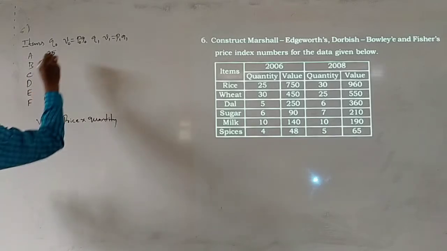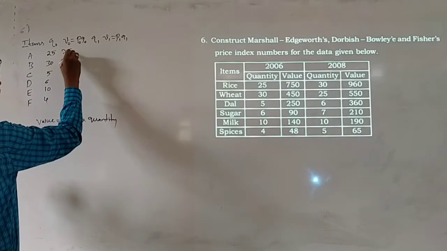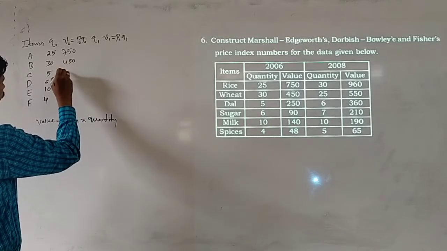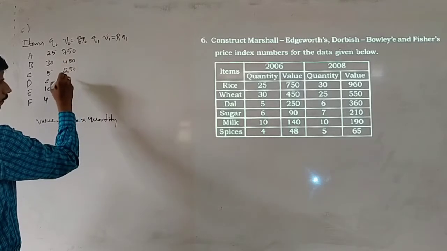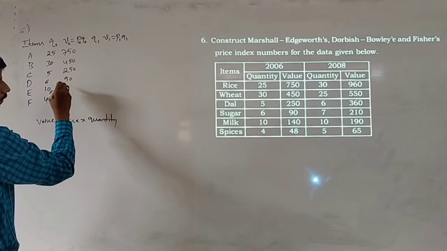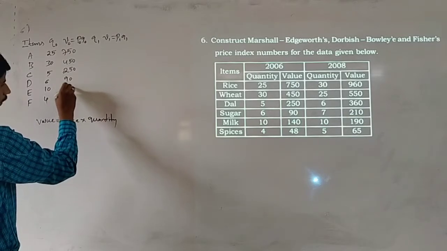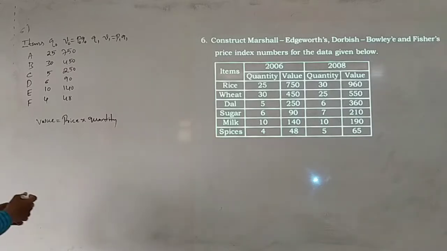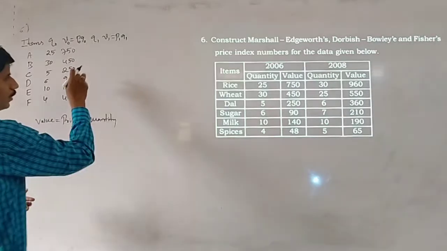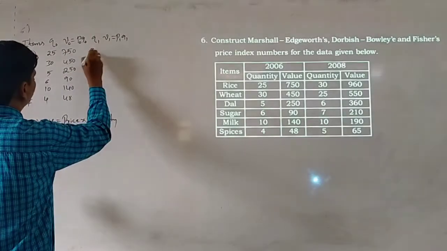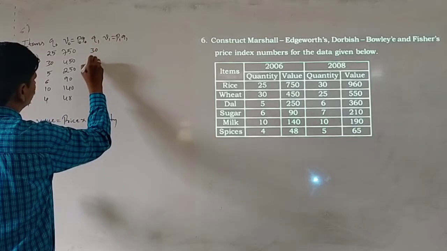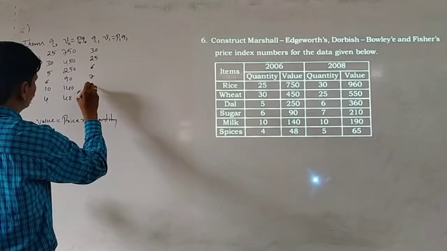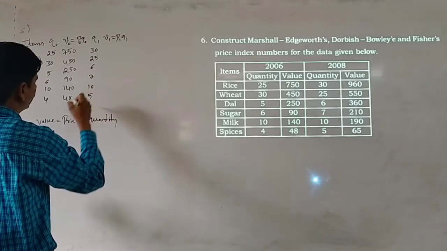V0 values are 750, 450, 75, 90, 140 and 48. Next, Q1 values are 30, 25, 6, 7, 10 and 5.